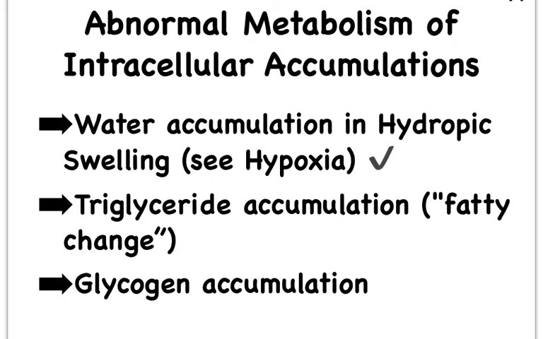And when we studied hypoxia, we learned about hydropic swelling, when the sodium potassium pumps can't function properly, sodium accumulates in cells, and water follows. So this is a form of water accumulation, too much water inside of a cell. That's a form of an intracellular accumulation.